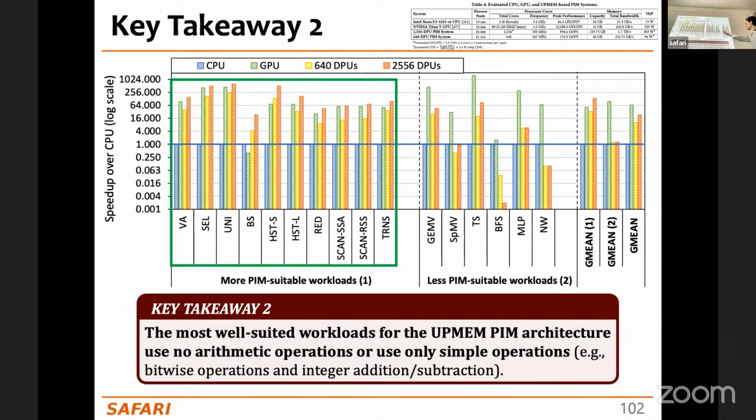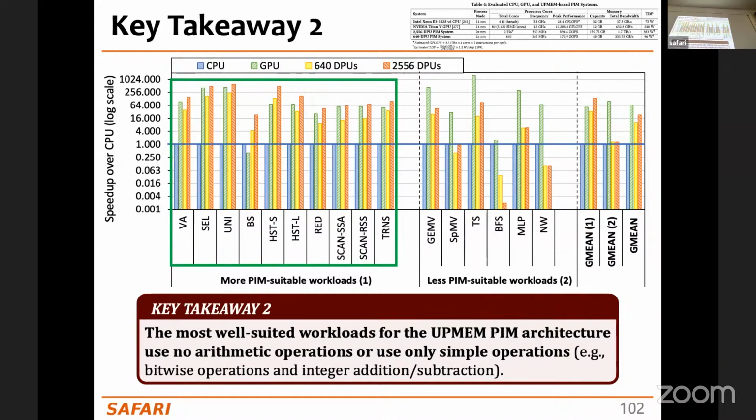But you can see here the comparison to CPU and GPU for different types of workloads. The ones on the left are those that we call more PIM-suitable workloads, because the larger PIM system, the one with 2,500 DPUs that we use, outperforms the state-of-the-art GPU.